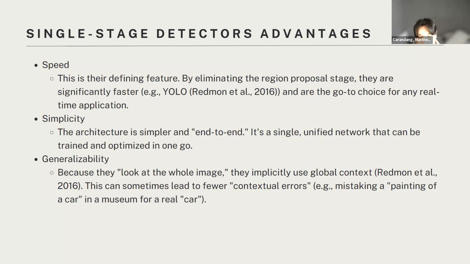Because the network always sees the entire image context for every prediction, it's less likely to make contextual errors, for example, mistaking a person in a painting for a real person. Since it's seeing the entire image, it can have a better, quote unquote, context of the image and can make fewer contextual errors.